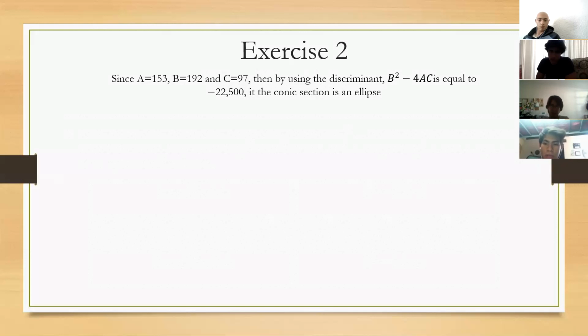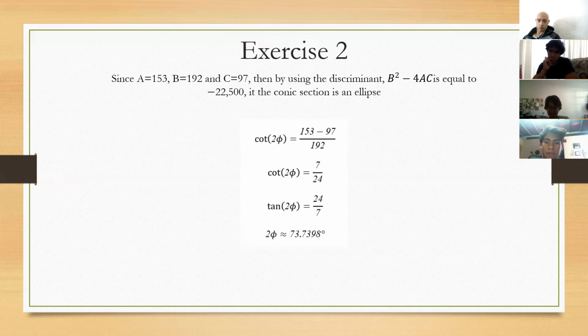So the first thing we need to do is get the angle. In this case it is phi. So cotangent of 2 phi is equal to 153 minus 97 over 192. We solve the fraction, and it's 7 over 24. We use the reciprocal to use the inverse function of tangent.